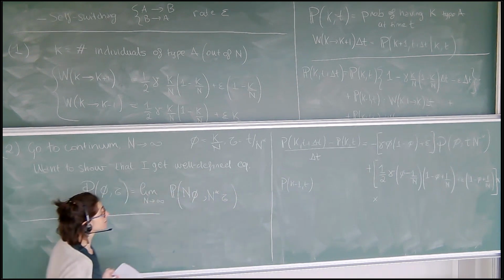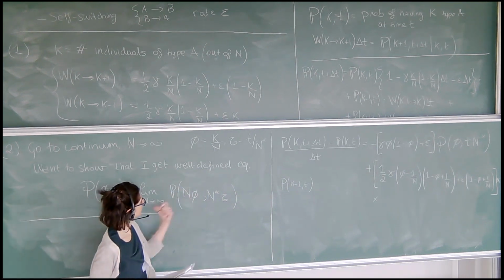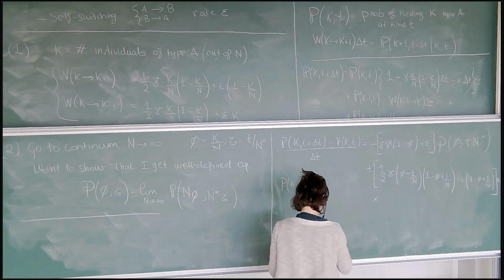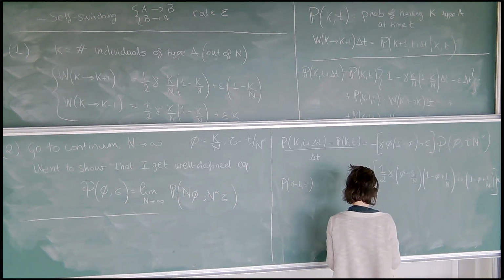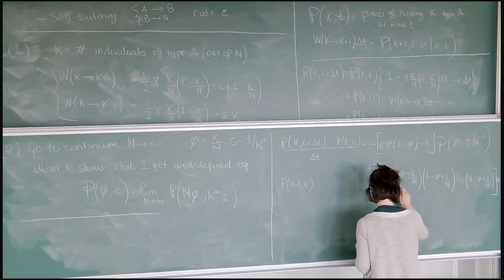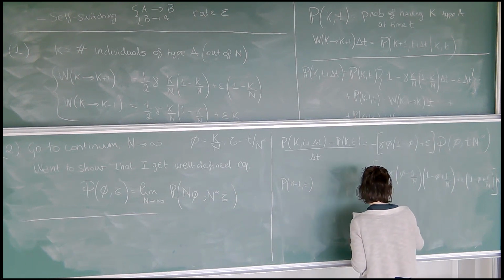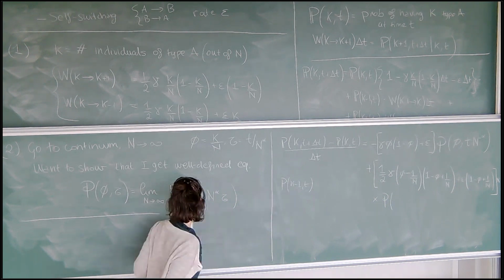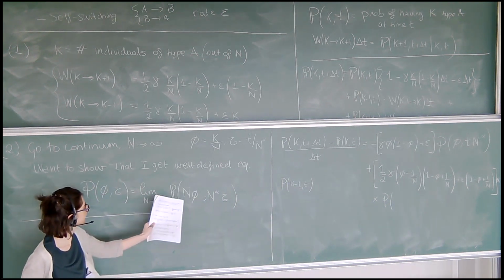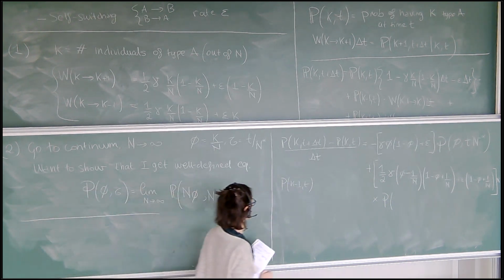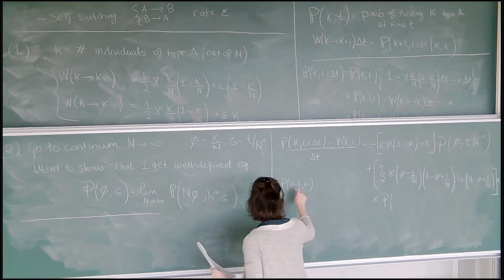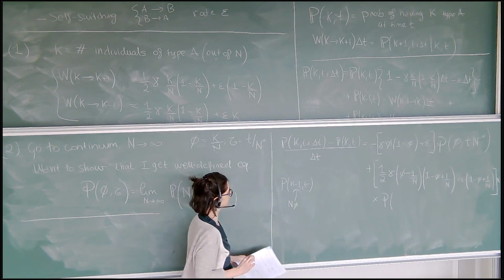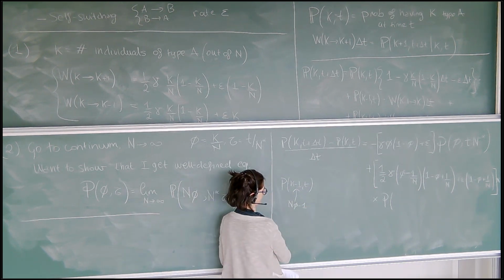So let me rewrite it. Let me assume that N is large. And this I can rewrite basically as my curly P evaluated at what is K? So K is, if you want, N over phi minus 1.